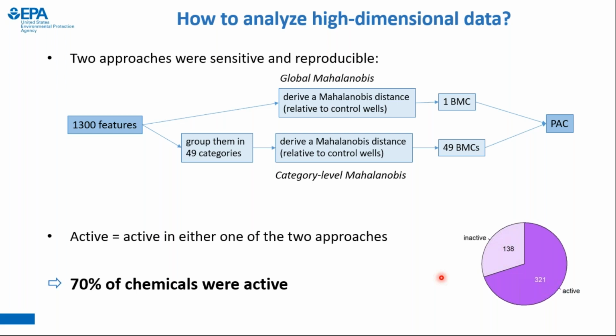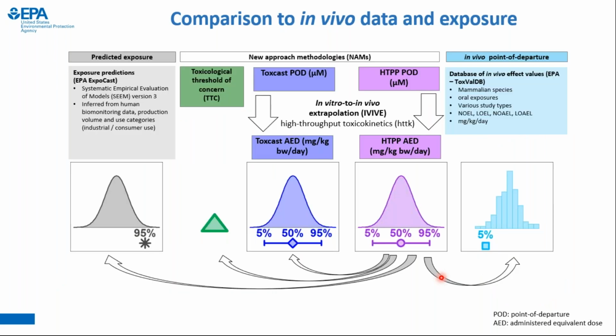For the chemicals that were active, we then went on and compared the potency estimates to in vivo data and exposure. It's a busy slide, but I will walk you through it. We start here with the HTPP point of departure, which is in micromolar. But if we want to compare it to in vivo data, that is typically in milligrams per kilogram body weight per day.